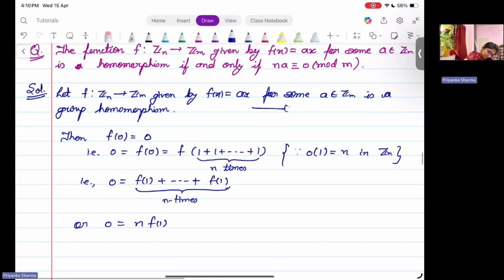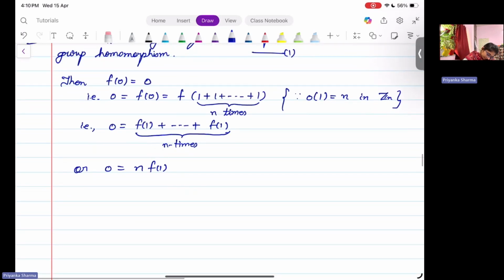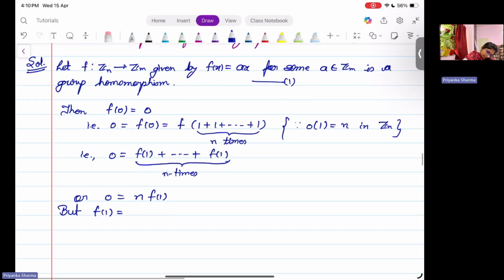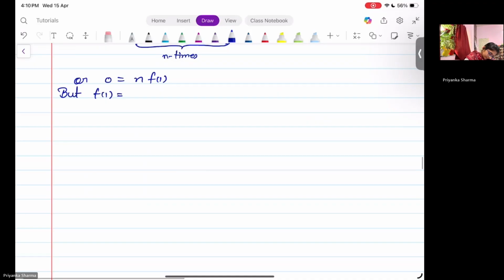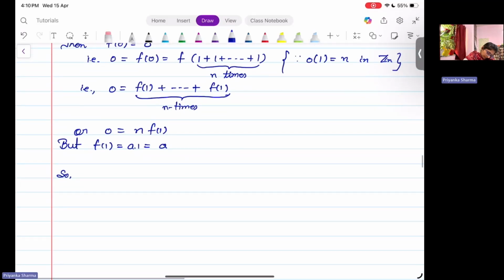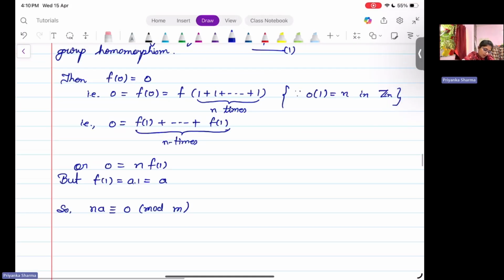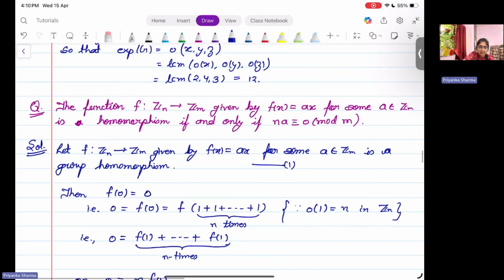Now, if we say this is equation 1, then f of 1 will be a into 1, or a. So we can conclude that na is congruent to 0 mod m, because na is now an element of Zm.